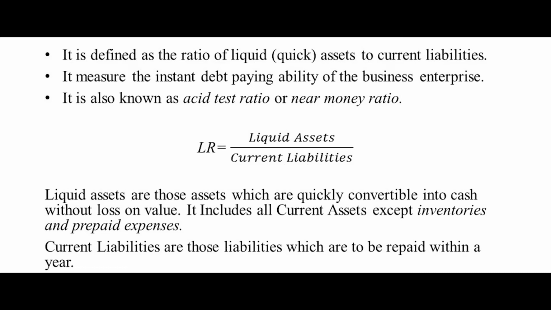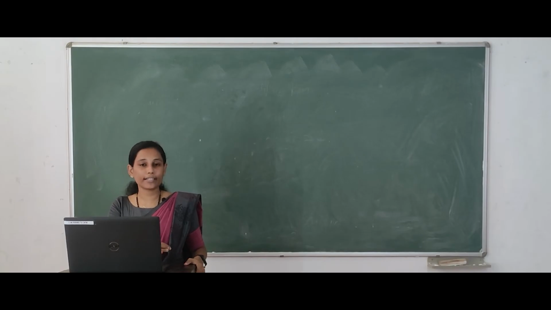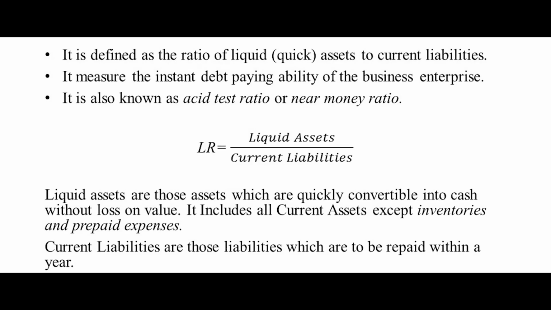How can we calculate the liquid assets? It is calculated using the formula: liquid assets equal to current assets minus stock and prepaid expenses, or inventories and prepaid expenses. The next component, which we already discussed in the current ratio, is current liabilities.